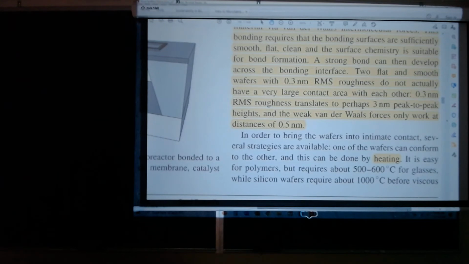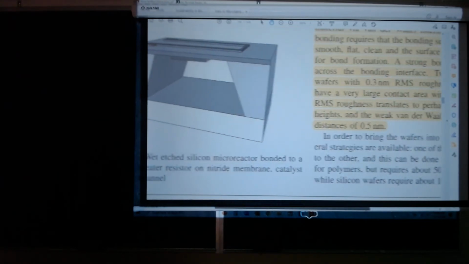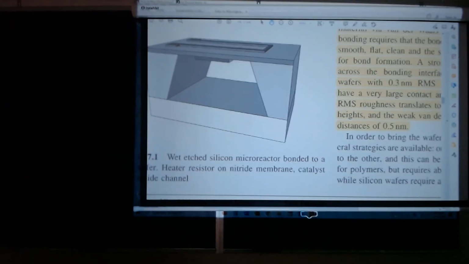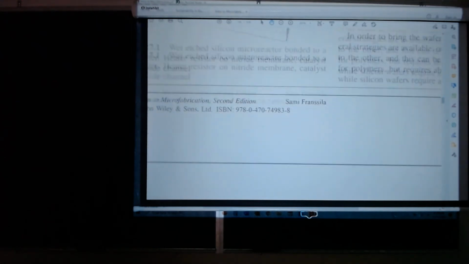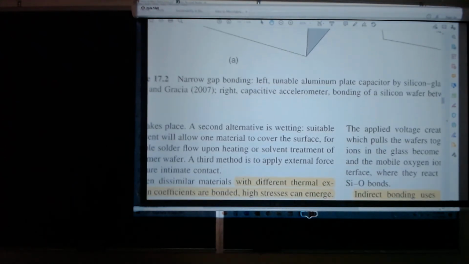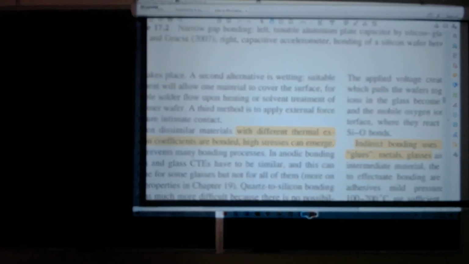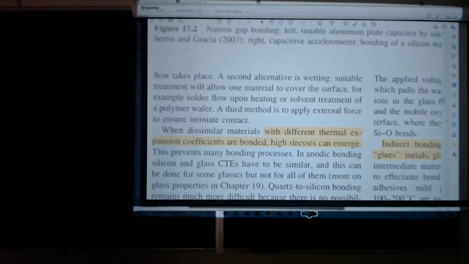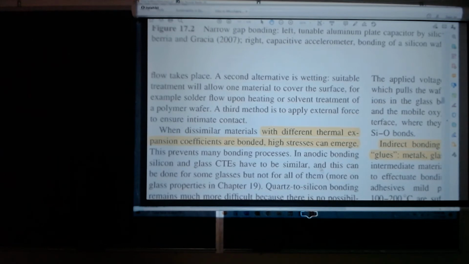So that's direct bonding, and I only assigned sections 1, 2, and 4 here, just to cover a few basic points. Now, however you're bonding, whether directly or with an intermediate material, usually it's at an elevated temperature.